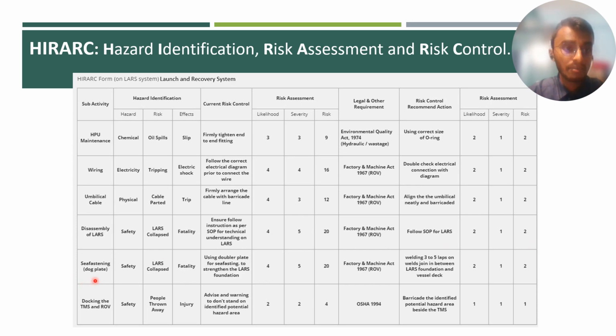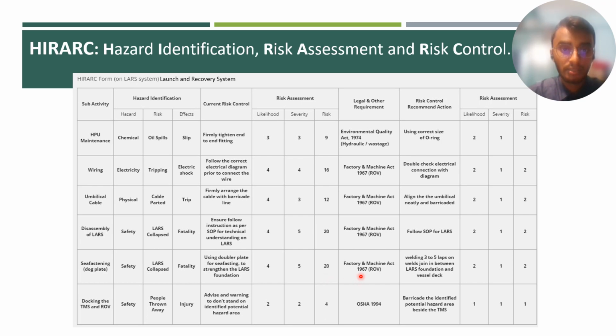And the next sub-activity is C fastening, and the hazard identified is safety. The risk is the launch and recovery system may collapse, and the effect could be a fatality. And the current risk control is using doubler plate for C fastening to strengthen the launch and recovery system's foundation. So the risk assessment likelihood is 4, severity is 5, and the risk is 20.